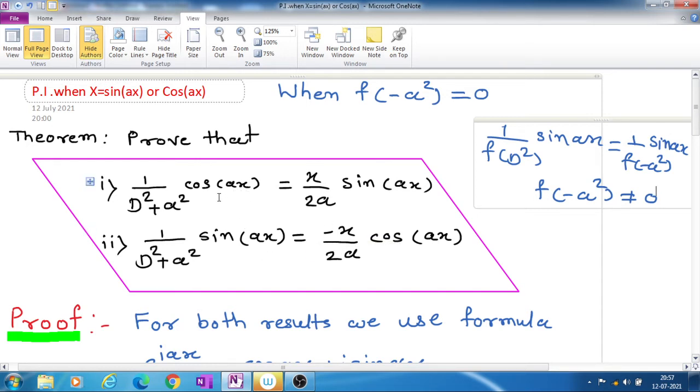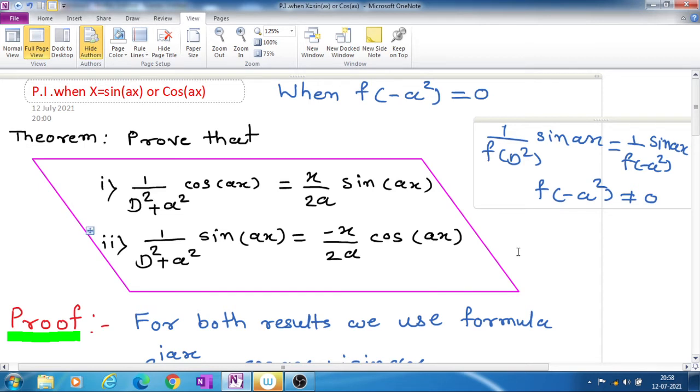So when there is cos ax, here the value is x upon 2a into sin ax, not cos ax. When there is sin ax, here is minus x upon 2a. The sign here is plus and here is minus, and here cos ax. So remember these formulae, we have to use them when we solve examples.